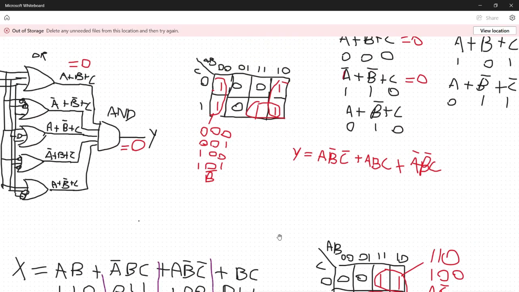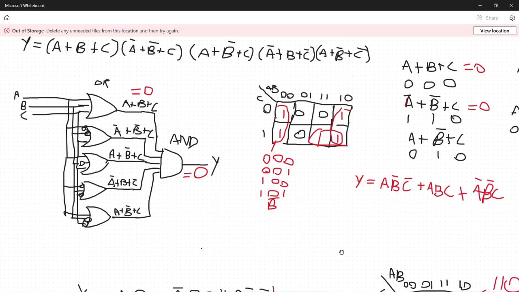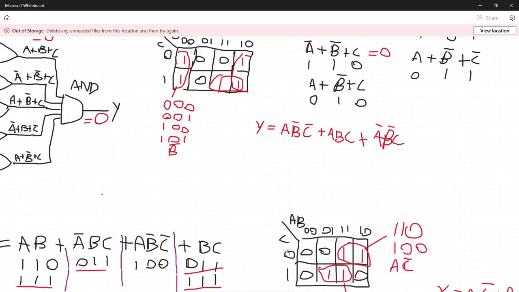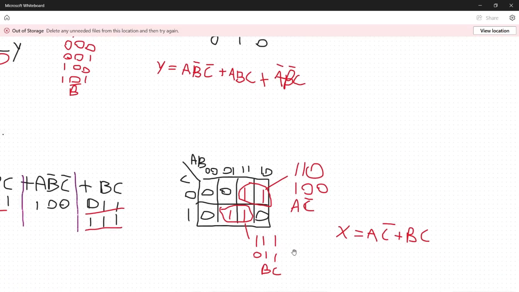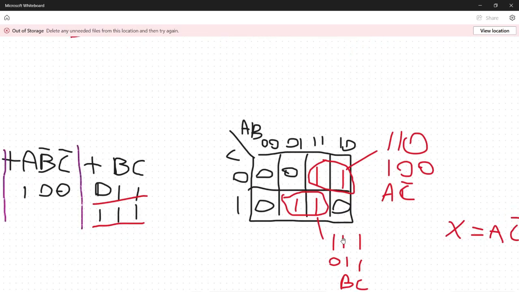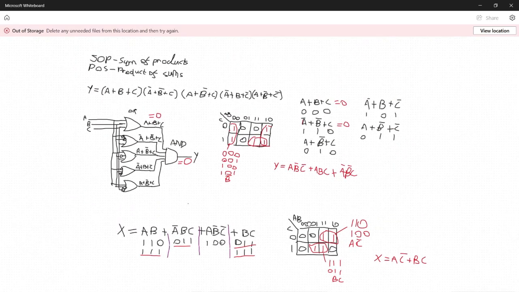So it's actually quite nice, and a much better solution. And that's basically all you need to know when you're understanding K-maps. Thank you for your time.